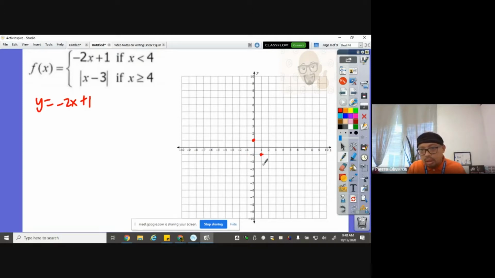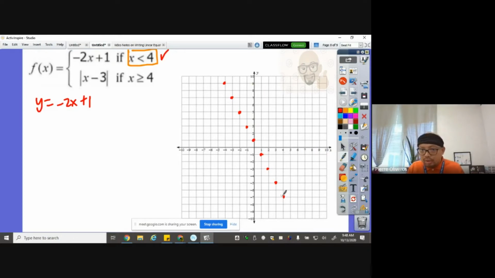Down 2, right 1, down 2, right 1, down 2, right 1. Or you can go up 2, left 1, up 2, left 1, up 2, left 1, as much as you want, but as long as you follow the interval, everything on the left of 4. So I'm going to keep going here, down 2 over 1. Okay, that's the 4 there. So I can stop there because they said the interval is x less than 4.